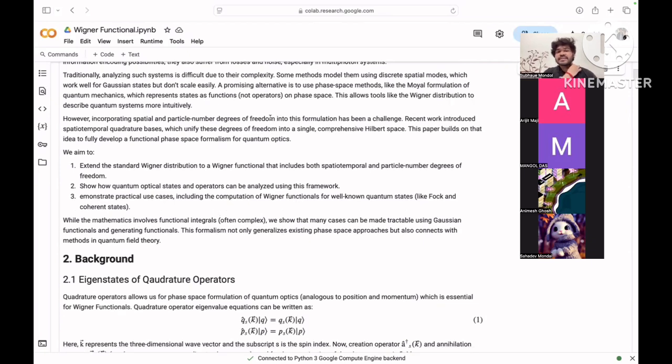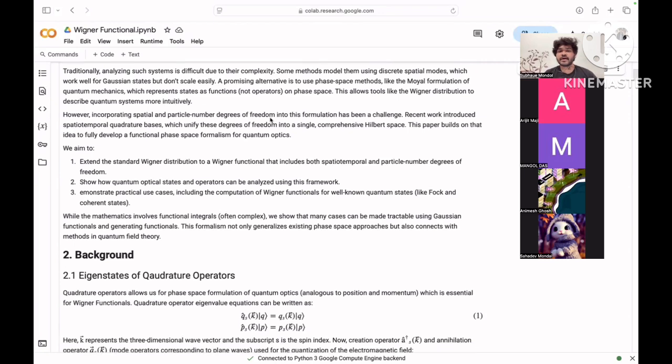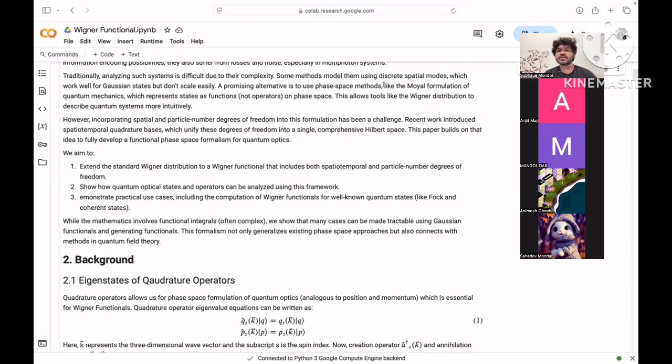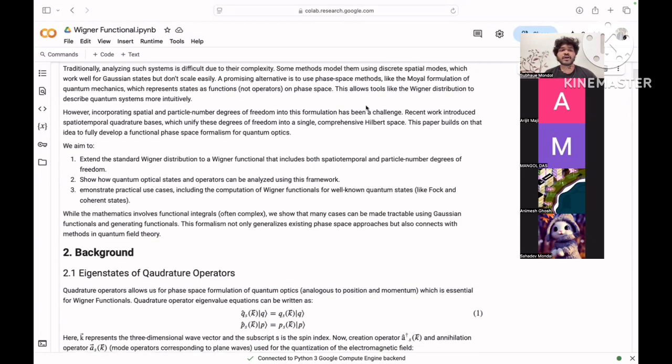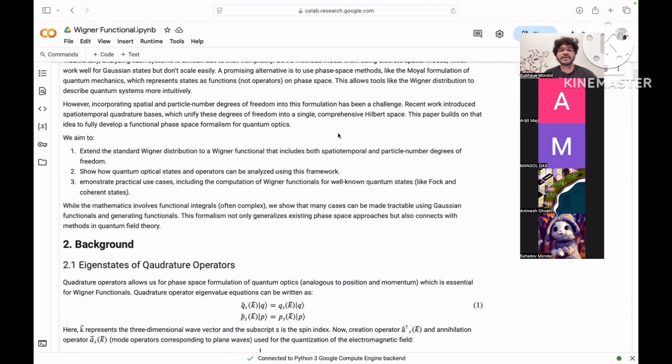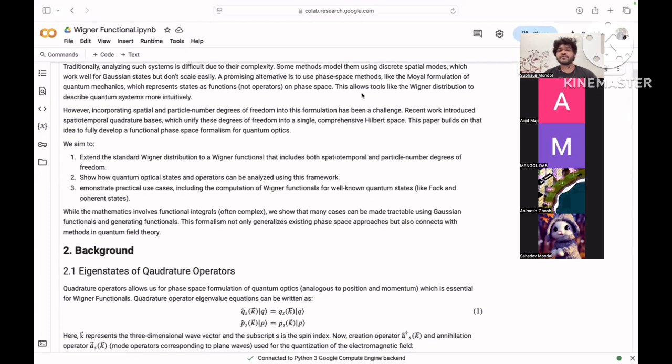Some methods are modeled using discrete spatial modes, which work well for Gaussian states, but they are not easy to scale. One promising alternative is to use phase space methods, like the Moyal formulation for quantum mechanics.